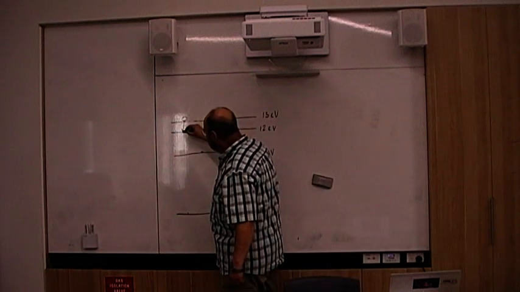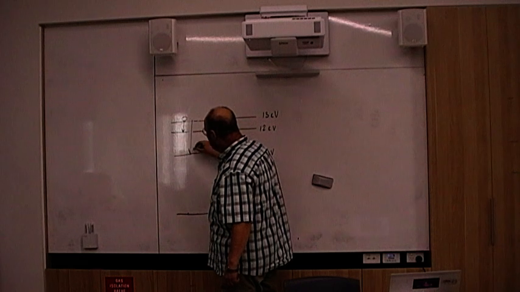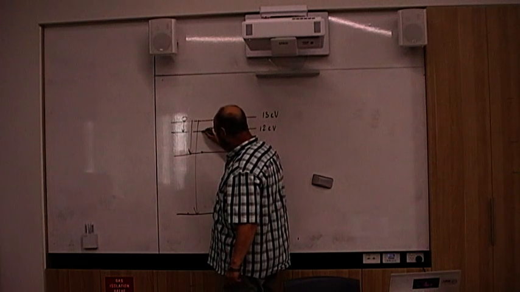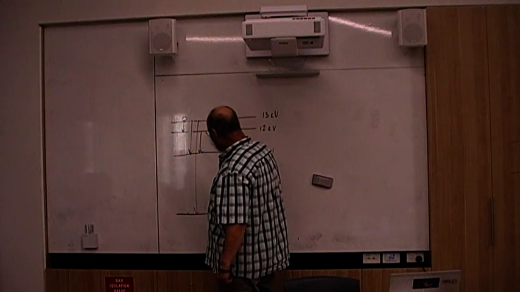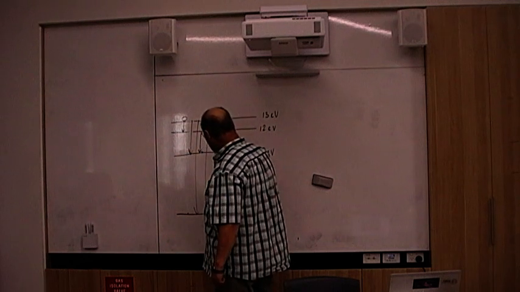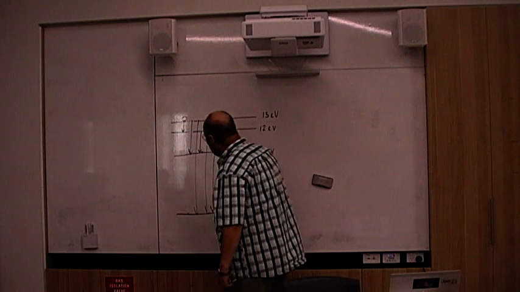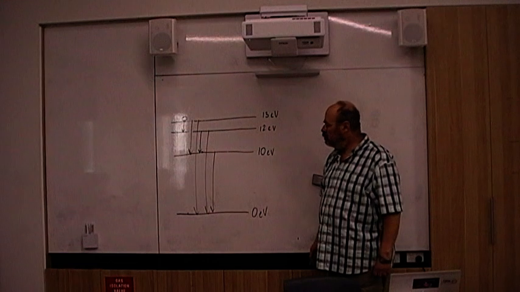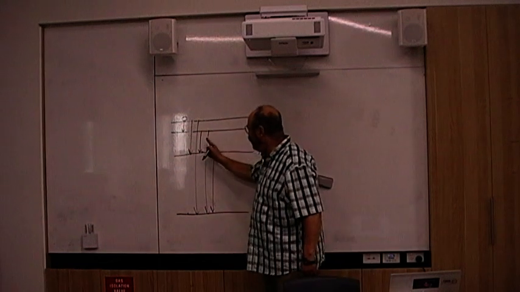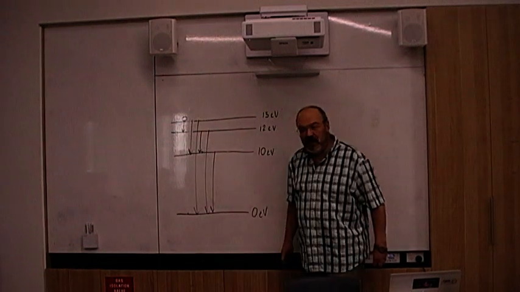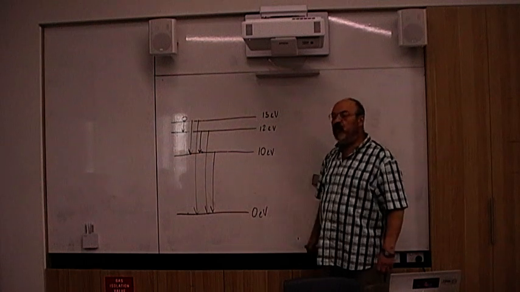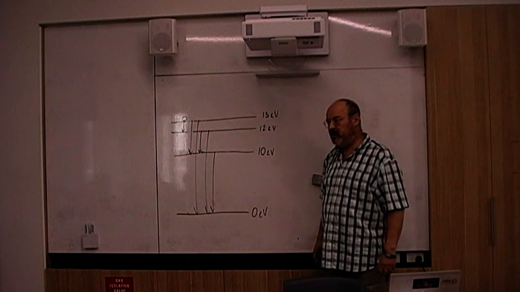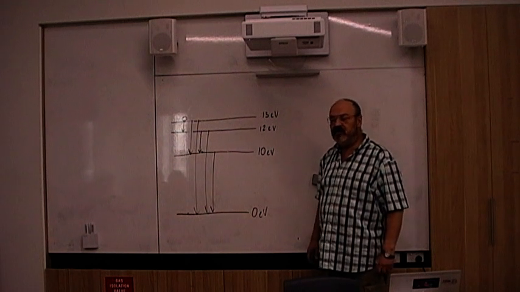After it drops here, it can drop here, or here, or drop from here. How many total possible? 6. 1, 2, 3, 4, 5, 6. So this atom will be able to emit 6 different wavelengths.